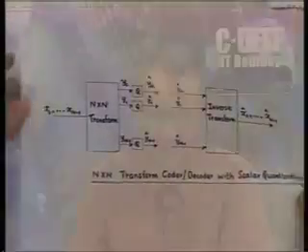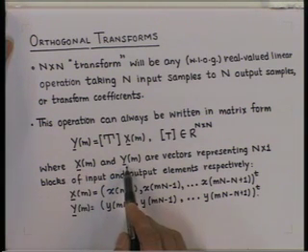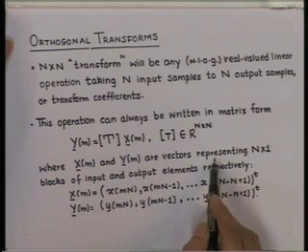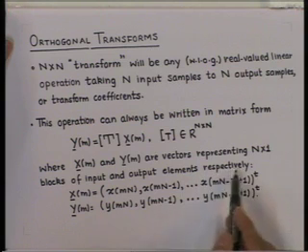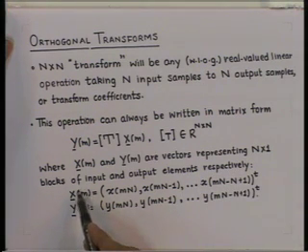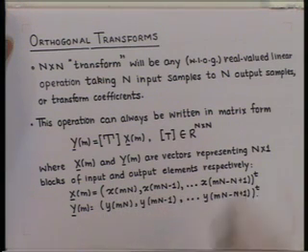This operation can be represented in matrix form as follows, where the x m vector and y m vector represent n by 1 blocks of input and output elements respectively, where the x m vector is related to the input sequence as follows, and the y m vector is related to the output vector as follows.